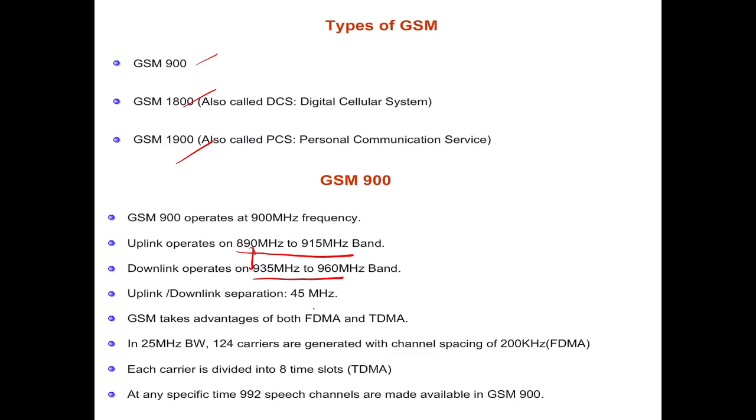As it takes advantage of FDMA and TDMA, in the 25 megahertz bandwidth, 124 carriers are generated with the channel spacing. Each carrier has a bandwidth of 200 kilohertz, you're operating on FDMA, and every carrier is divided into 8 time slots. So at any specific time, 992 speech channels are made available in GSM 900.